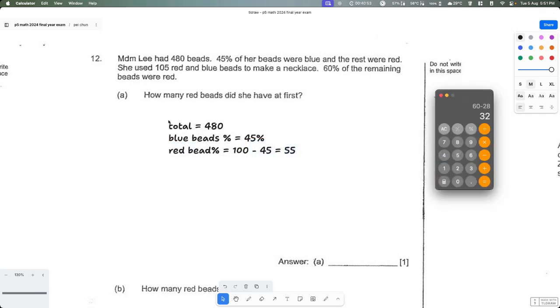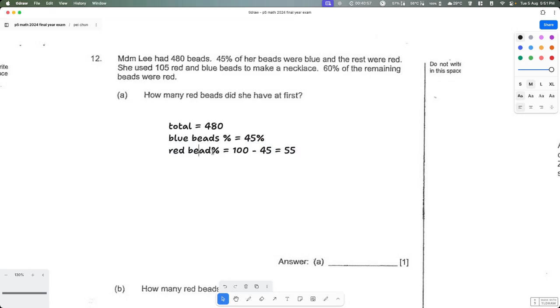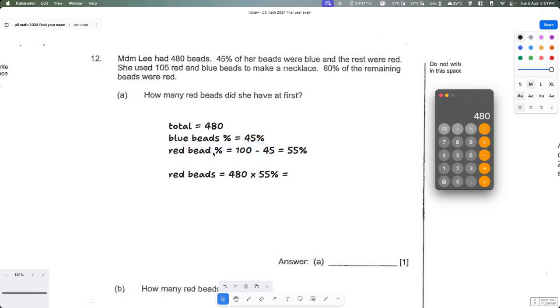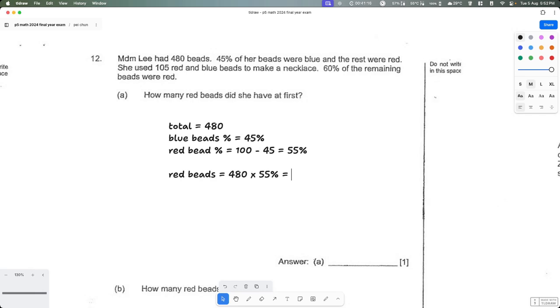Double check with the calculator: 100 minus 45 is 55. Great. Then we know it's 55%. So the red beads is equal to 480 times 55%. This will give us 264, which is the answer, 264.